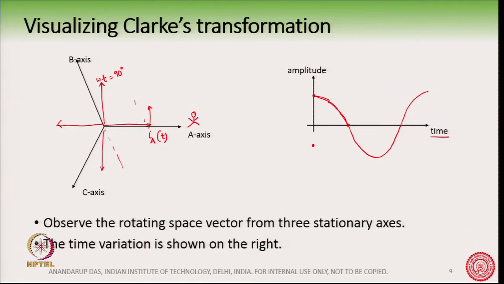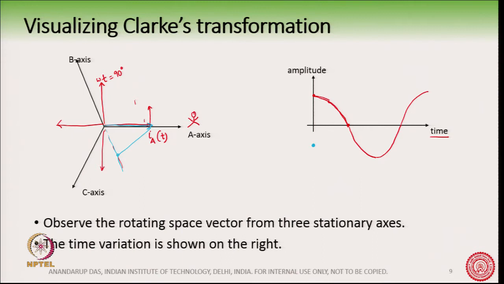Now let us see what happens for the B phase. When I A was here, I told you that on the B phase the projection is negative.